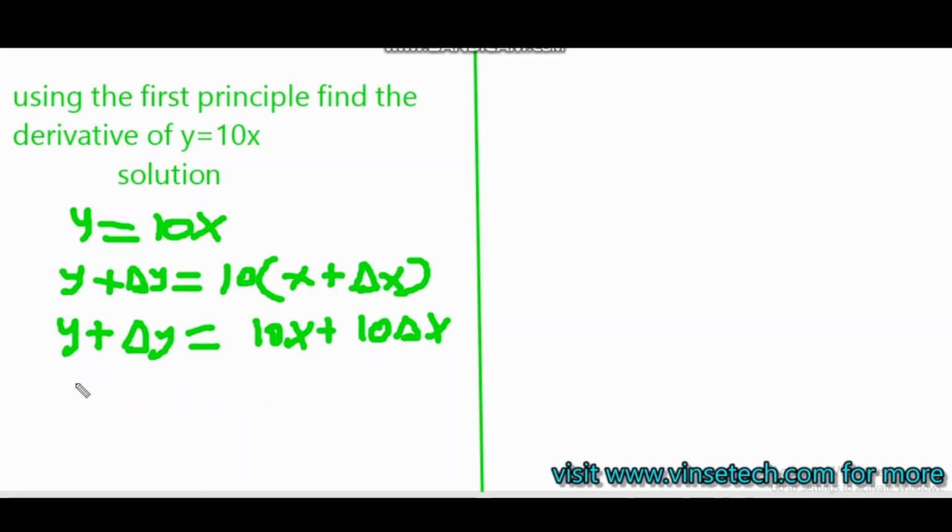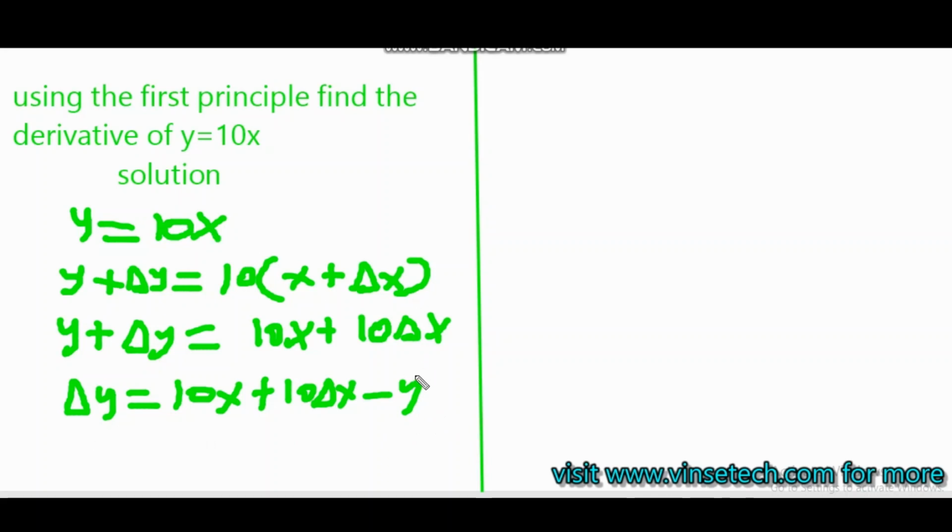Moving y to the right hand side, we now have change in y is equal to 10x plus 10 change in x. Recall the y will cross the equality sign, which changes it from positive y to minus y. Also recall that the value of y is equal to 10x.